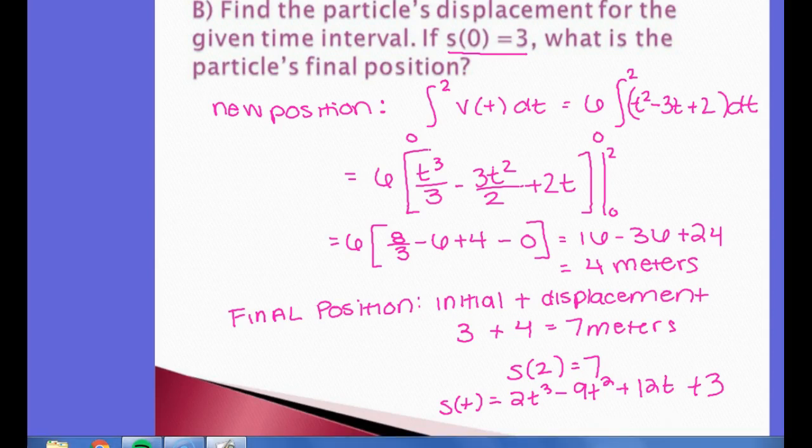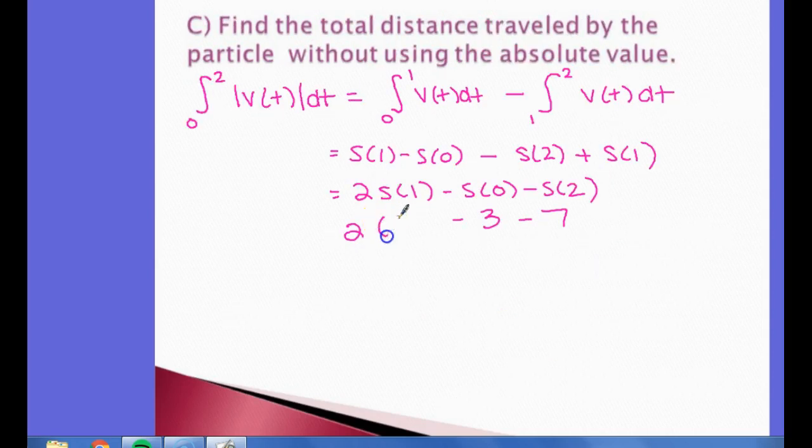Minus 9, so negative 7. Negative 7 plus 12, 5. 5 plus 3, 8. So this is 2 times 8 minus 10, or 16 minus 10, so we get 6. So it's total distance traveled from 0 to 2.